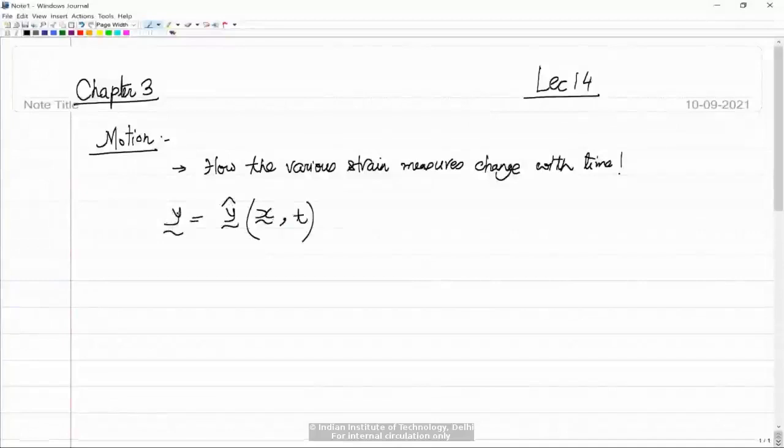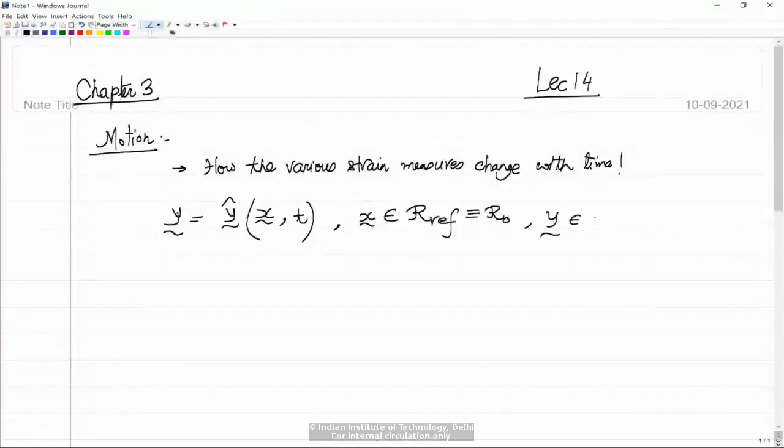This is how we were describing motion, where x is in the referential region, which is also denoted by R naught, and y is in the current region occupied by the body, which we call R t. And your time t could be between some t naught and t1.